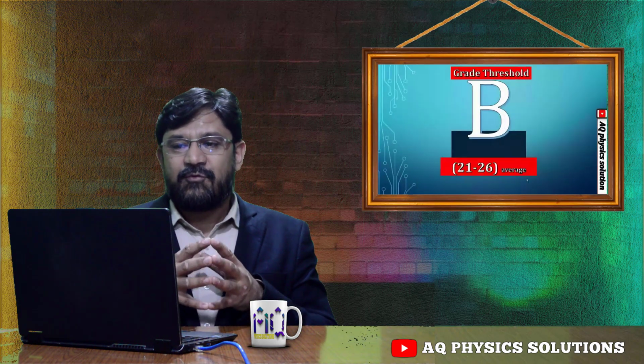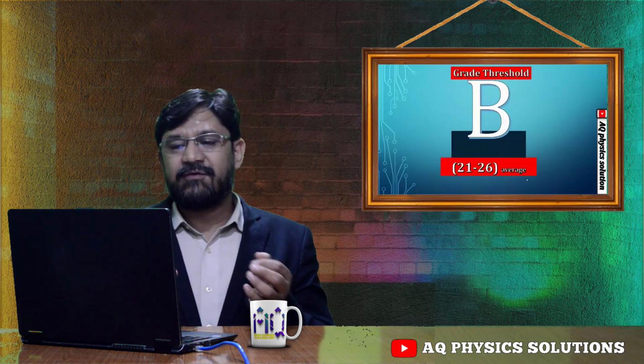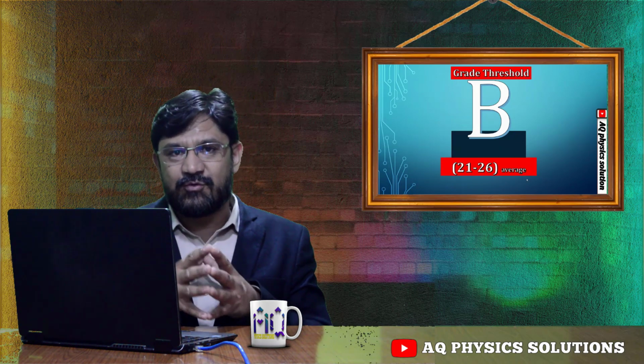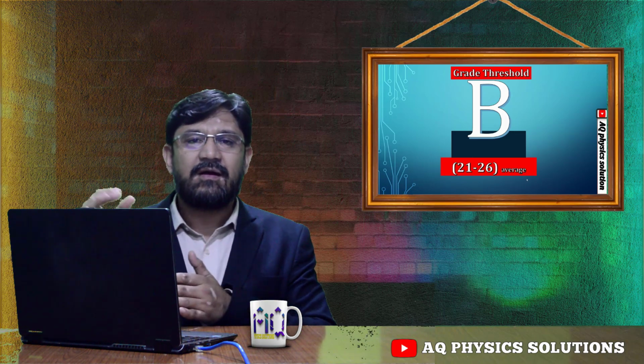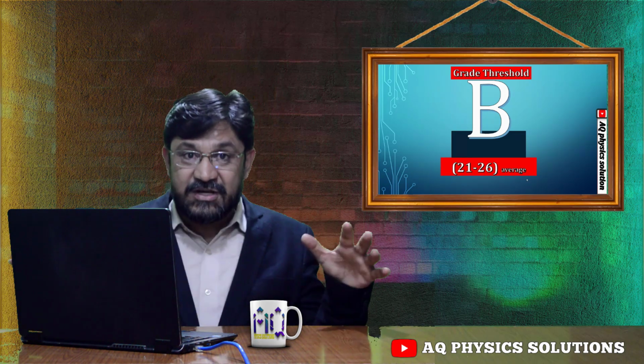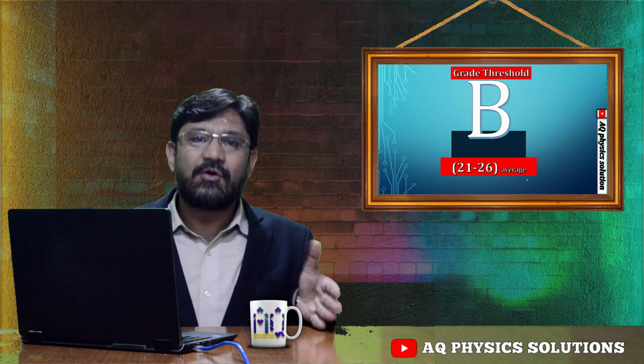Now, for B, you need 21 to 26 MCQs to be done correctly. For these 21 to 26 MCQs, it's quite easy. Just grip one portion, and if one portion is gripped, your B is deadly sure. But as I told you, B is not your task.